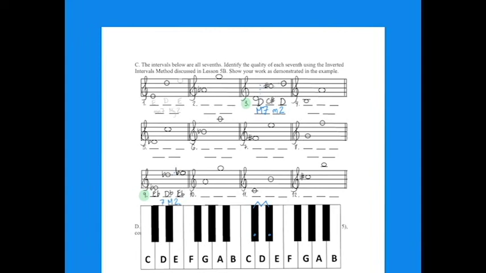And then we know that a minor interval, when it gets inverted, becomes a major interval. So given that our inverted interval, D flat to E flat, is a major second, that must mean that our original interval was a minor. So that's what it is. It's a minor seventh. And that's that.